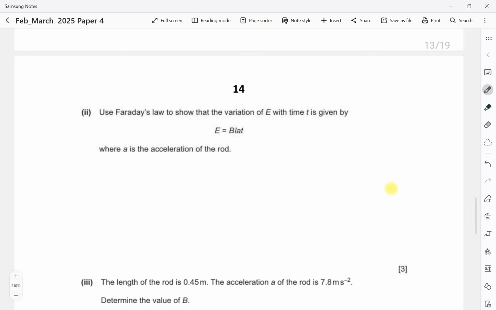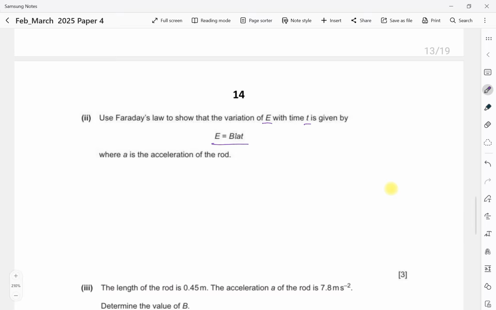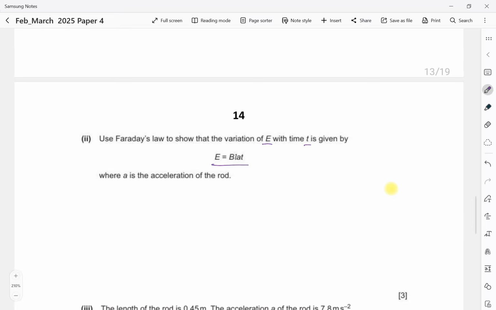Use Faraday's law to show that the variation of E with the time t is given by E equals BLat. Okay, so still this is uniformly accelerated. So we have already said that V equals U plus at, and we saw that U was equal to 0. So V is equal to at.